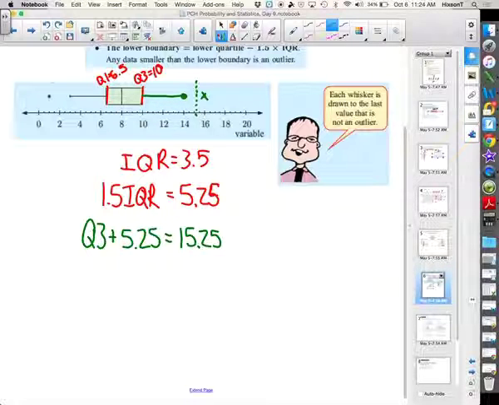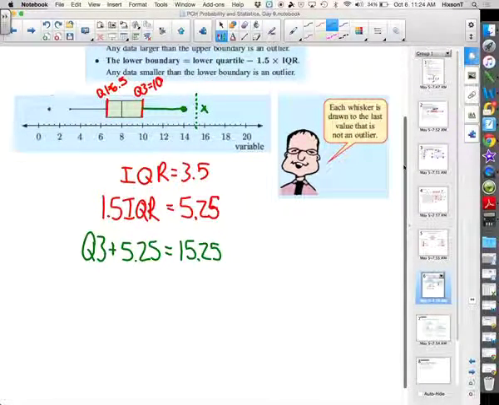All right. Now, the lower boundary. Scroll up just a hair. The lower boundary is the lower quartile, Q1, minus 1.5 times the IQR. So, we'll use purple here.